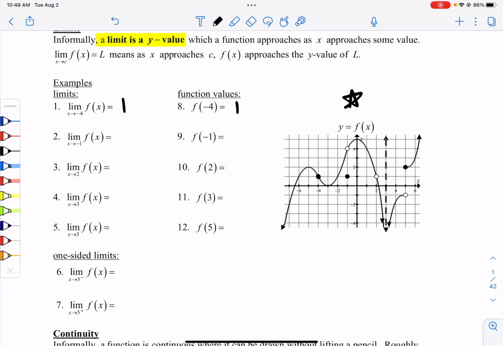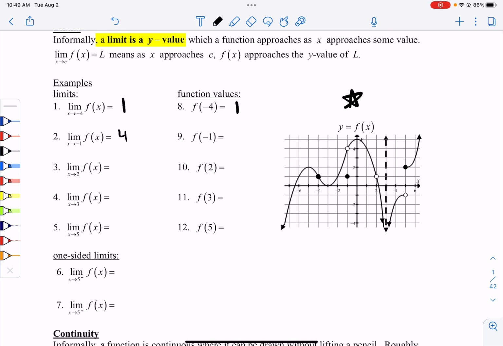Number 2 says as x approaches -1, what is my function doing? F of x is doing what? So as I'm approaching -1, so I'm at -3, -2, at -1, I'm getting close to 4. My y value is approaching 4.